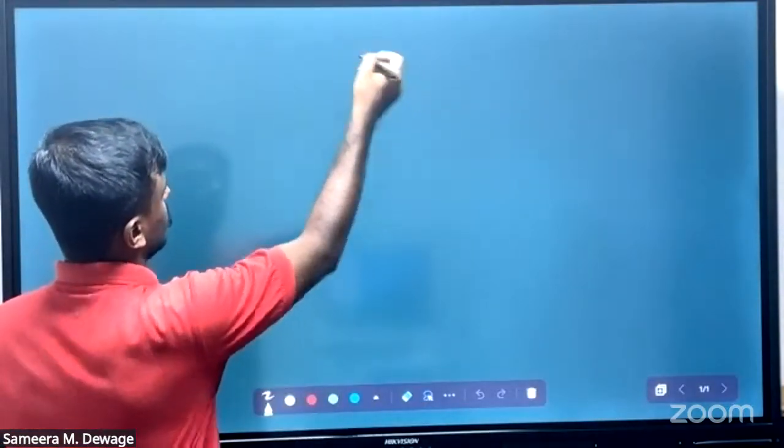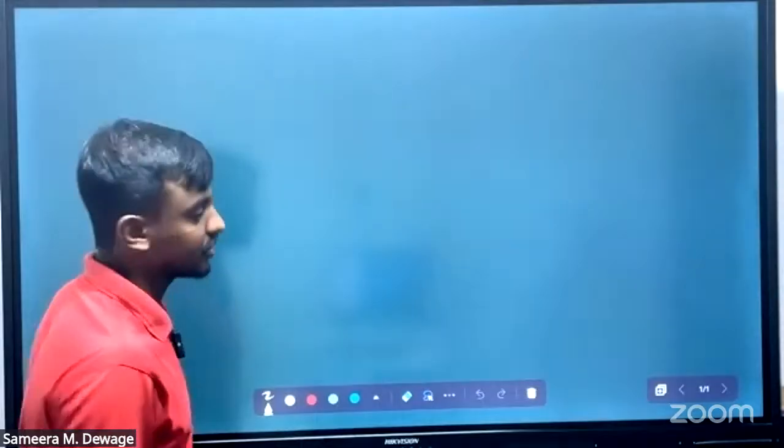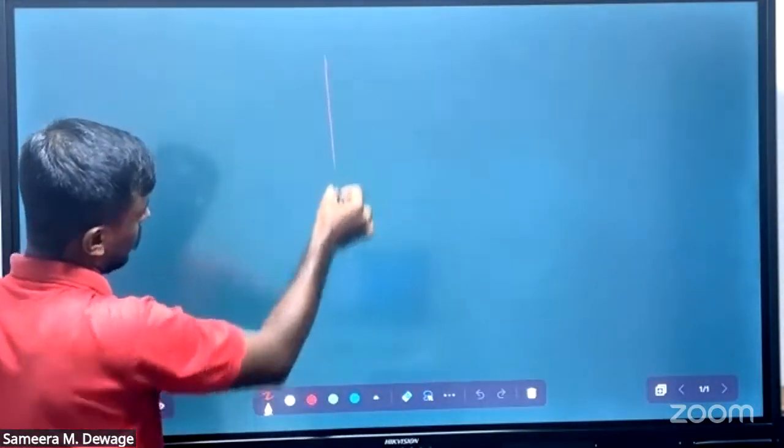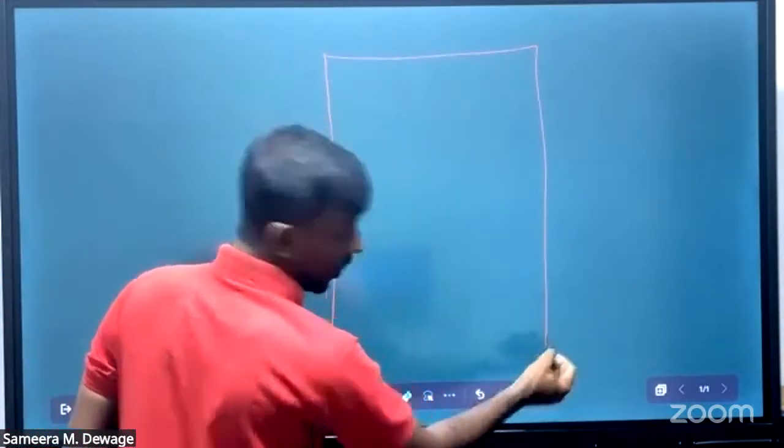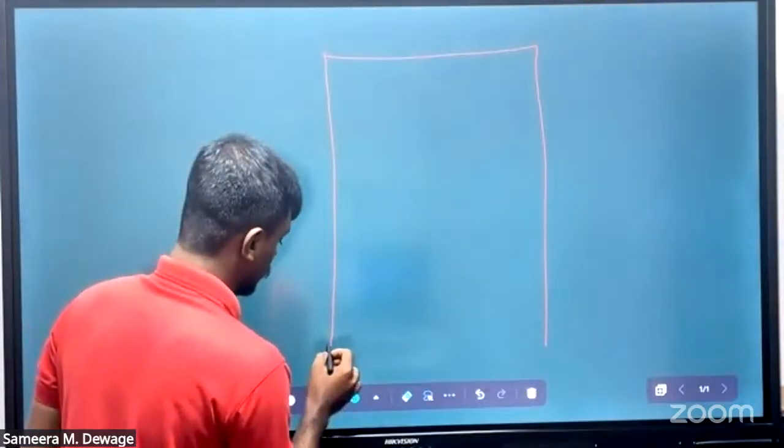Our topic is first angle projection, and assume this is your graph paper, right?